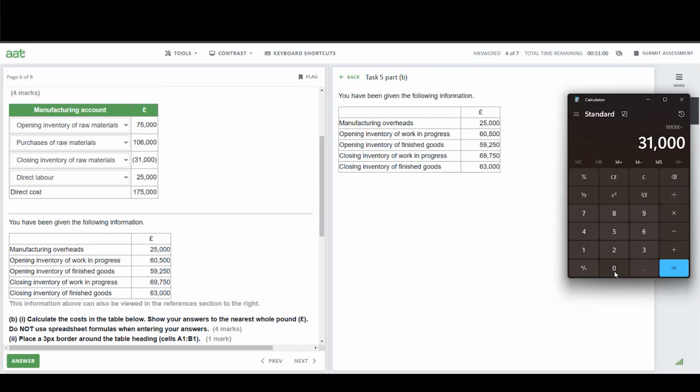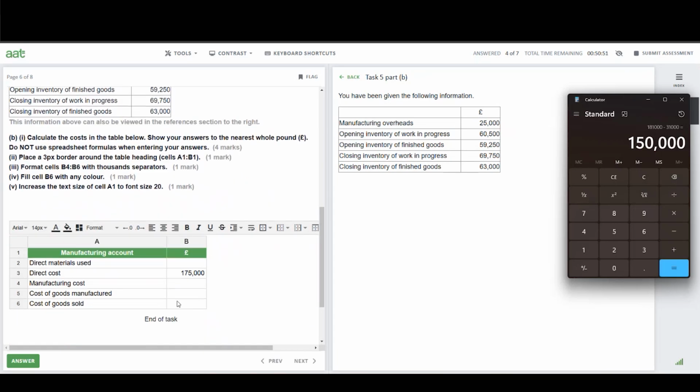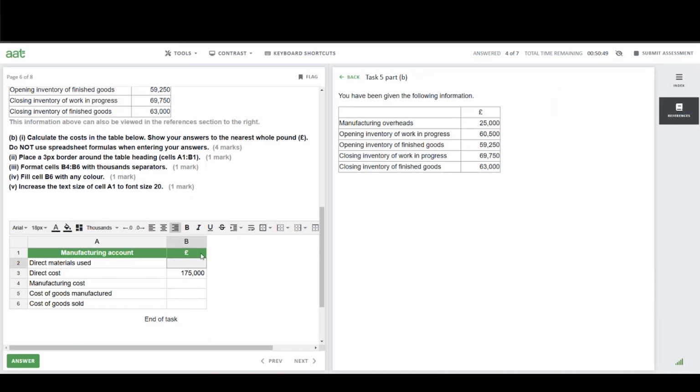These materials haven't been used, so they're not going to form part of our direct material cost. So that gives us a direct material cost of 150,000. So let's just go and pop that in. There we go.